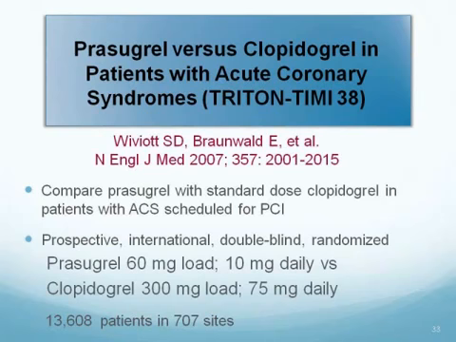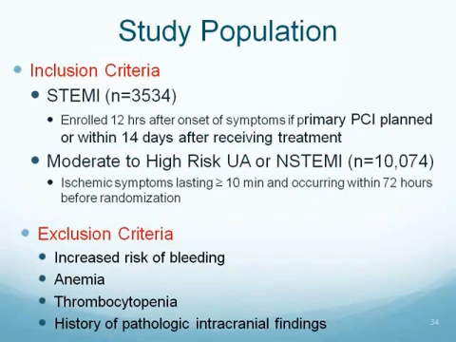They looked at using a loading dose of 60 milligrams followed by 10 milligrams a day of prasugrel. The clopidogrel patients received 300 milligrams as a load and then 75 milligrams daily. They included either STEMI patients or what they called moderate to high risk unstable angina or non-STEMI patients.